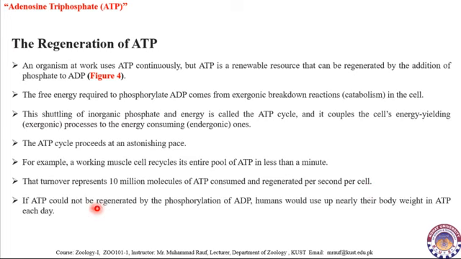If ATP could not be regenerated by the phosphorylation of ADP, humans would use up nearly their body weight in ATP each day. So the consumption of ATP is of great importance because it runs the body, and therefore this regeneration of ATP is important, otherwise the effects will be catastrophic on the body.